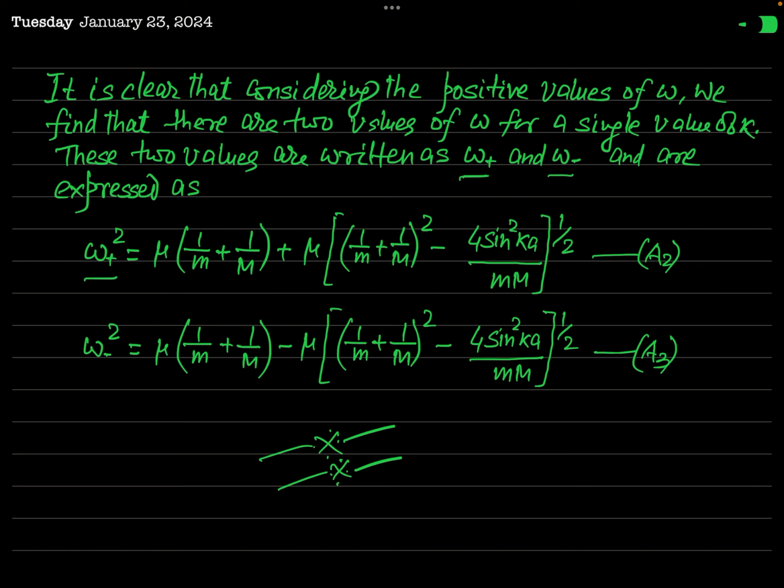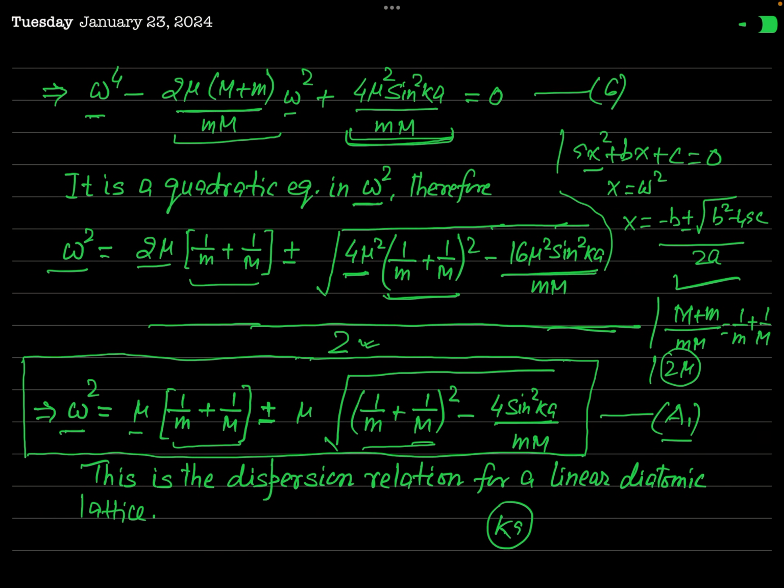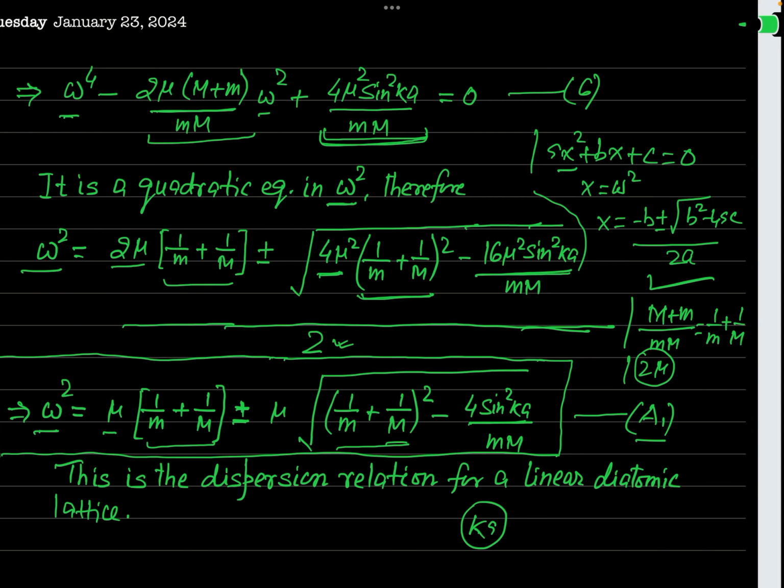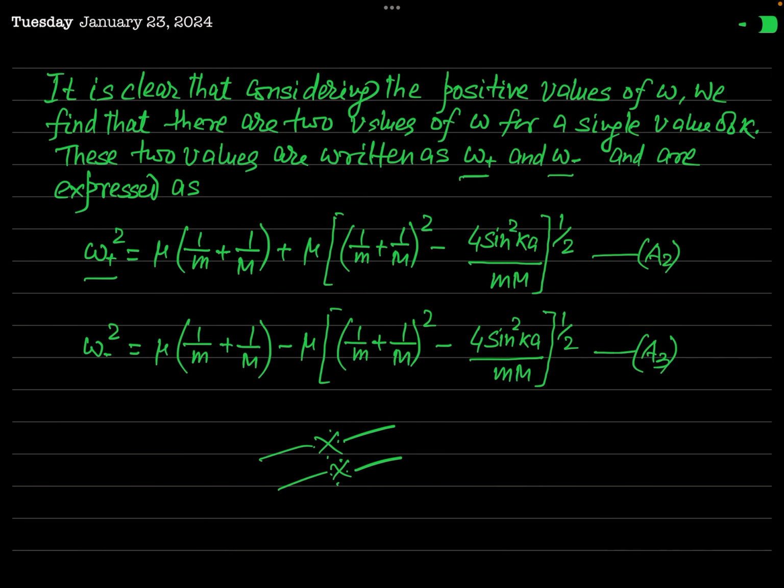So omega plus square equals mu times (1/m + 1/M) plus mu times a square root of (1/m + 1/M) whole square minus 4 sine square Ka over mM.